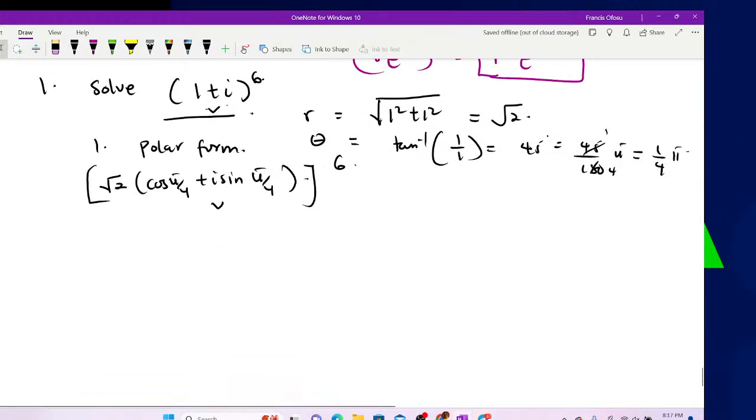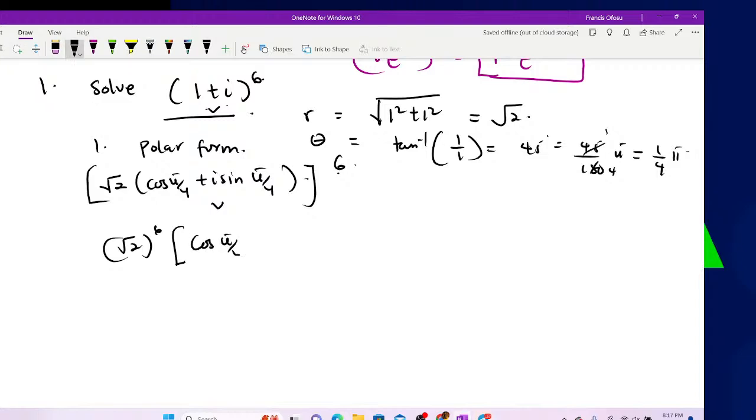De Moivre's theorem says that this 6 will affect the square root of 2 as power 6, but for the expansion, you only have to multiply the 6 by the argument. So I have cos pi on 4 times 6 plus i sine pi on 4 times 6, and I'll have the square root of 2 to the power 6.